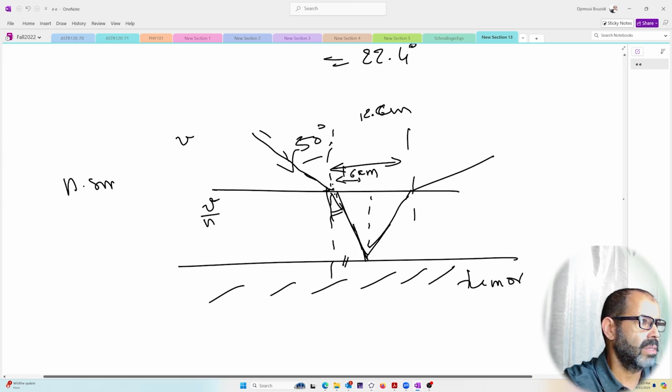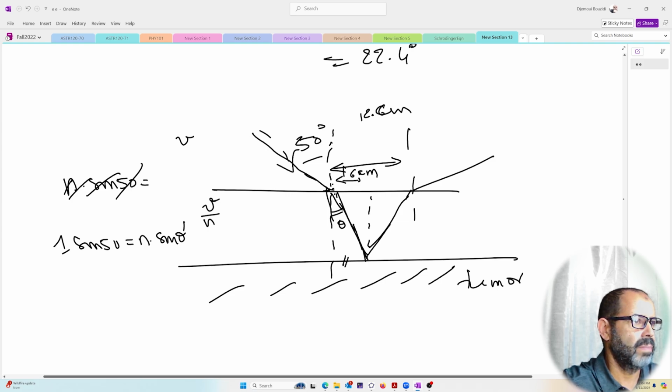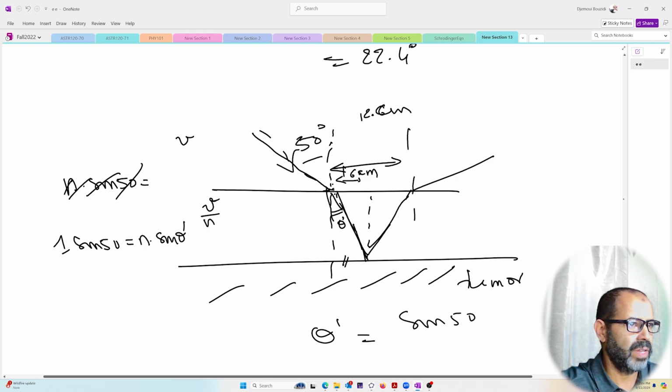So 1 times sine of 50 degrees is equal to n times sine of theta prime. I'm calling this theta prime. So sine of theta prime is going to be equal to sine of 50 divided by n.